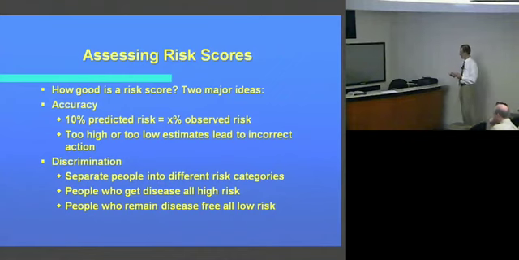And the second thing is that, if we predict 10% risk for everybody, we'd be highly accurate but not very helpful, because we haven't made any discrimination between the people who develop events and people who don't. So we want to test a score or a measure that is highly discriminating and also accurate.